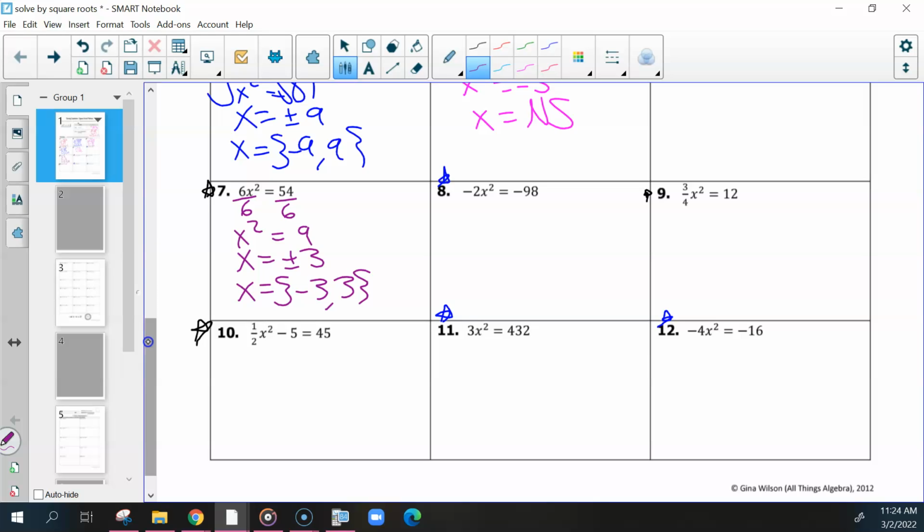9 also has something by the x squared, but it has a fraction. So normally we would divide that number, but if we were to divide this number here, we'd have a fraction within a fraction. To avoid that, we're going to take this fraction and flip it and multiply it by 4 over 3 on both sides.